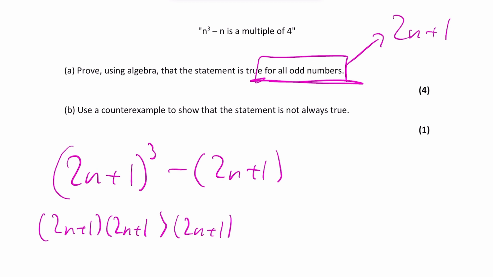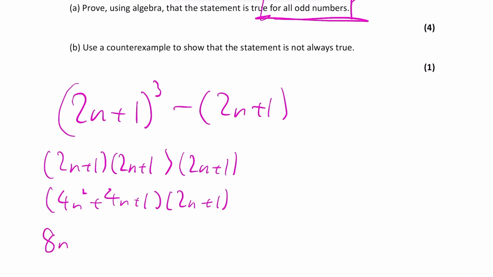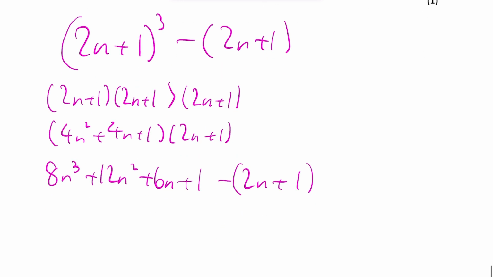Will eventually, if you work them all out, get us to 8n cubed, sorry. You end up with 4n squared, add 8n squared, which is 12n squared. For the n's, you get 6n and 1. And then we're taking away 2n plus 1.